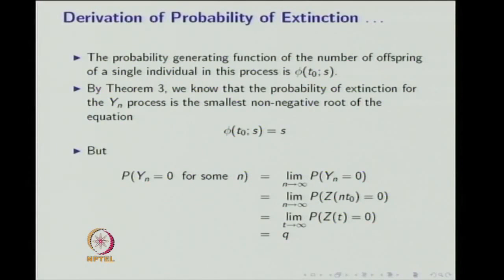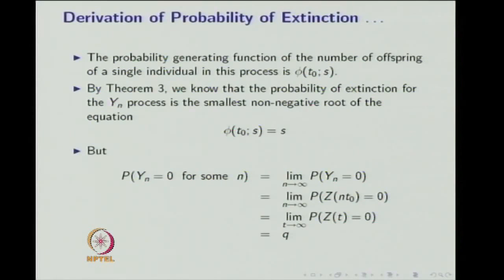By theorem 3, we know that the probability of extinction for Y_n, a discrete time branching process, is the smallest non-negative root of the equation psi(t_0, s) equal to s.